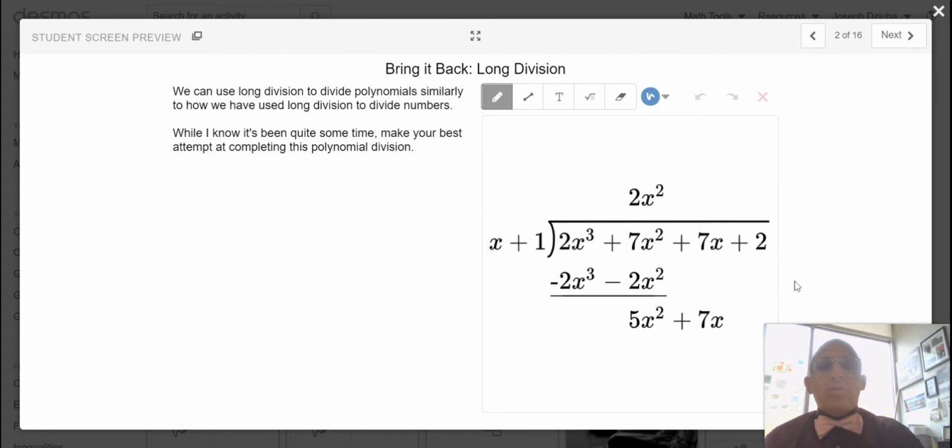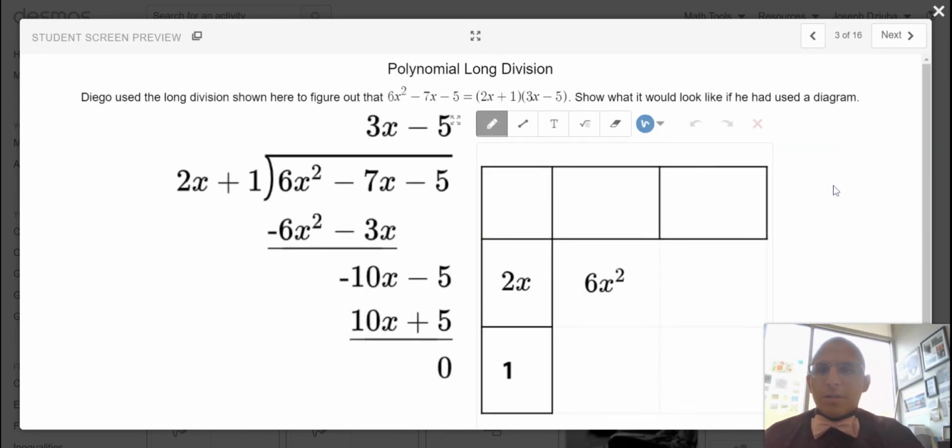I would like for you to make your best attempt at completing this polynomial division. Rather than use the sketch tool, you can use our math type button and type in your thought process here and then move it accordingly. So that should streamline things. But let's see if we still remember what we were able to do 57 years ago.